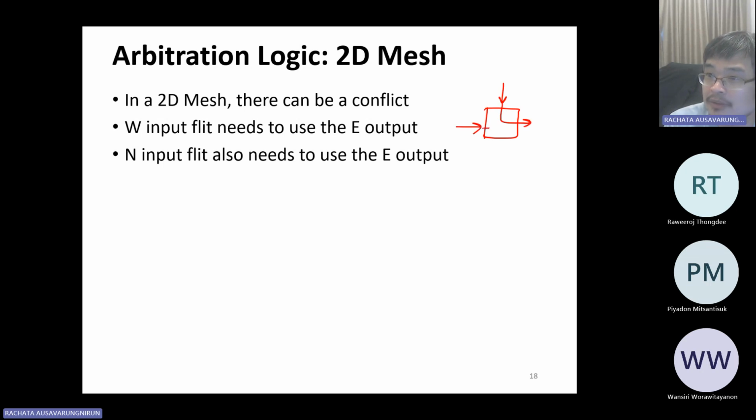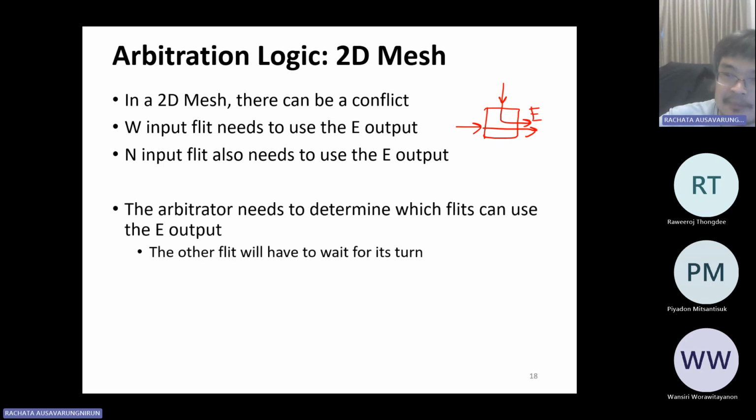Both of them want to use the east output. How do we do this? So the arbitrator will determine who gets to use the east output. The other flit waits. That's all. It's like when you have a traffic crossing, right? I want to go there. Another car in the other direction wants to go there. You then figure out who takes the turn. That's it.